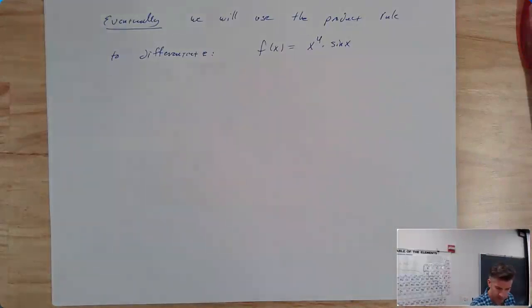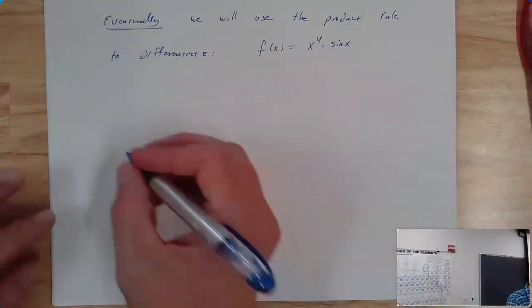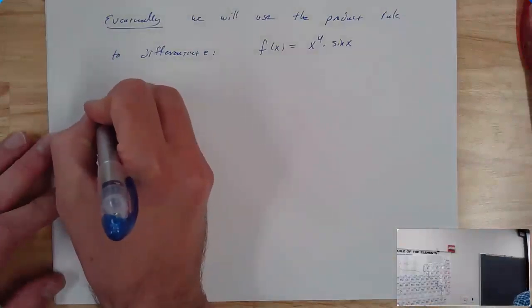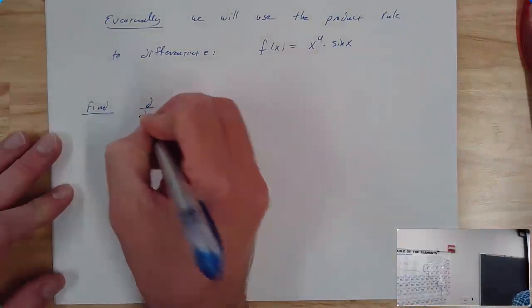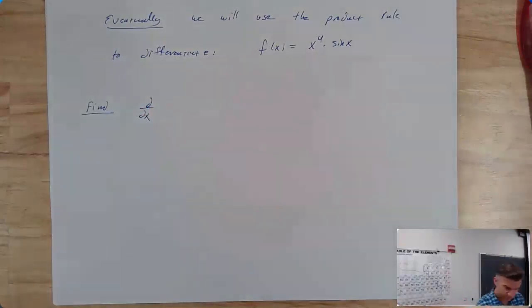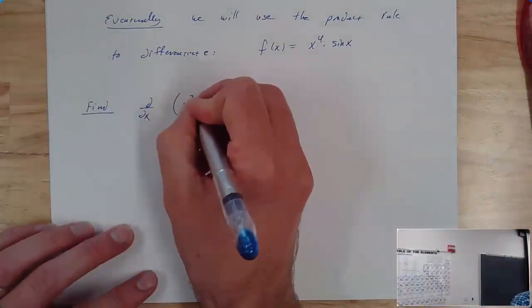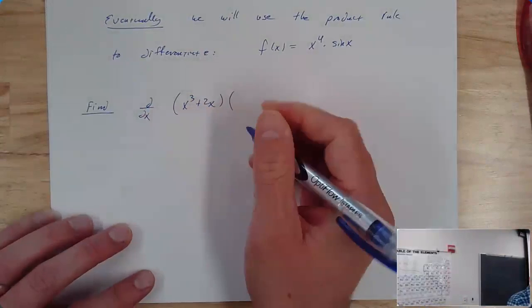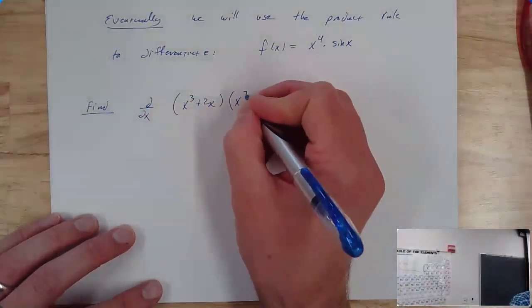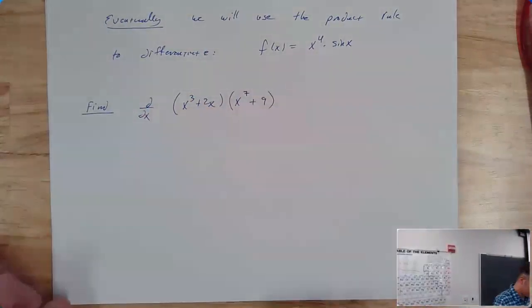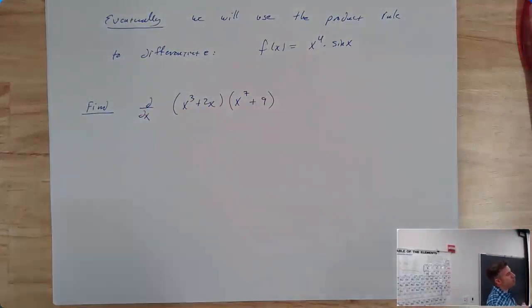So let's look at the following. Suppose I wanted to find the derivative of something like x cubed plus 2x times x to the 7th power plus 9. I could multiply it out, and I probably would multiply it in general, but we could also use the product rule.